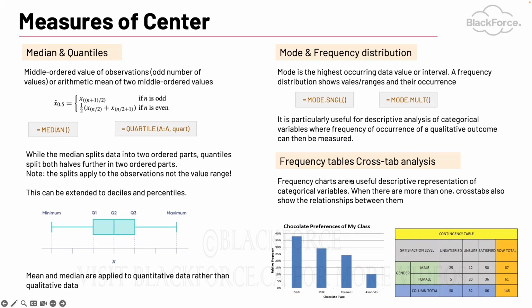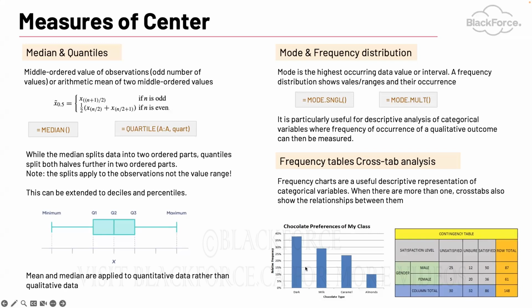Frequency tables. Nothing too special here. The frequency charts are just very useful descriptive representations for categorical variables. So once again, it's the same idea I just explained with modes. So if you had, for example, different kinds of chocolates and you want to show that data, you have the frequency, the number of times people purchased, or the number of students in a class that like that kind of chocolate.